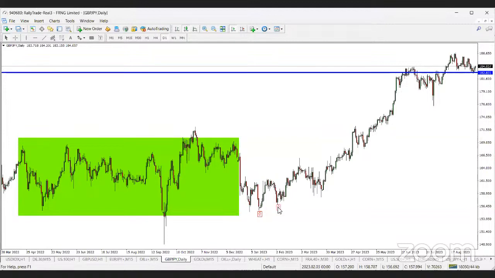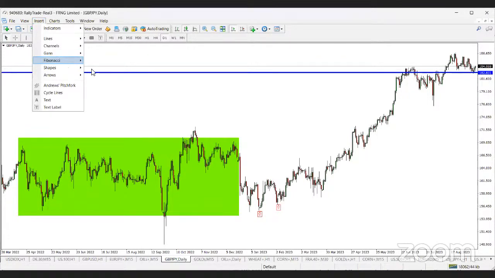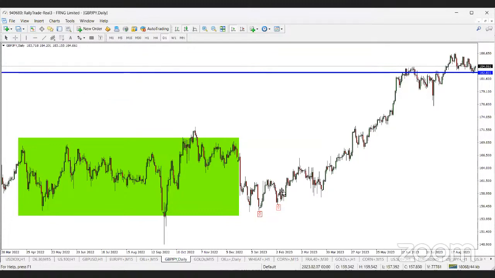But you can see that this low here is higher than this last low, right? It's higher. And then it went up. It came down to make another low. It came back to make another low here, right? From this last low here, it went up.